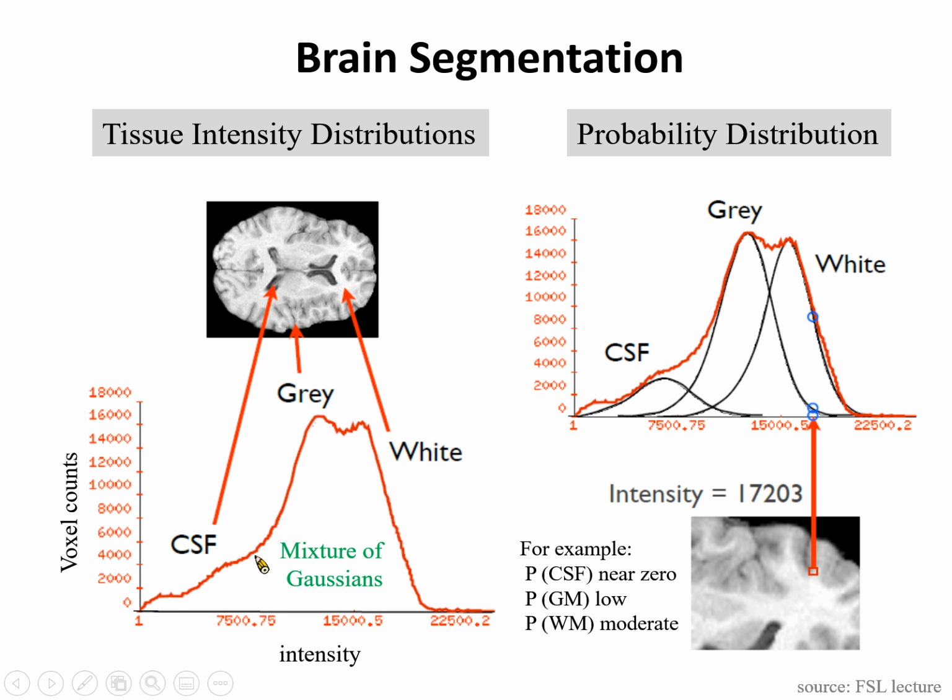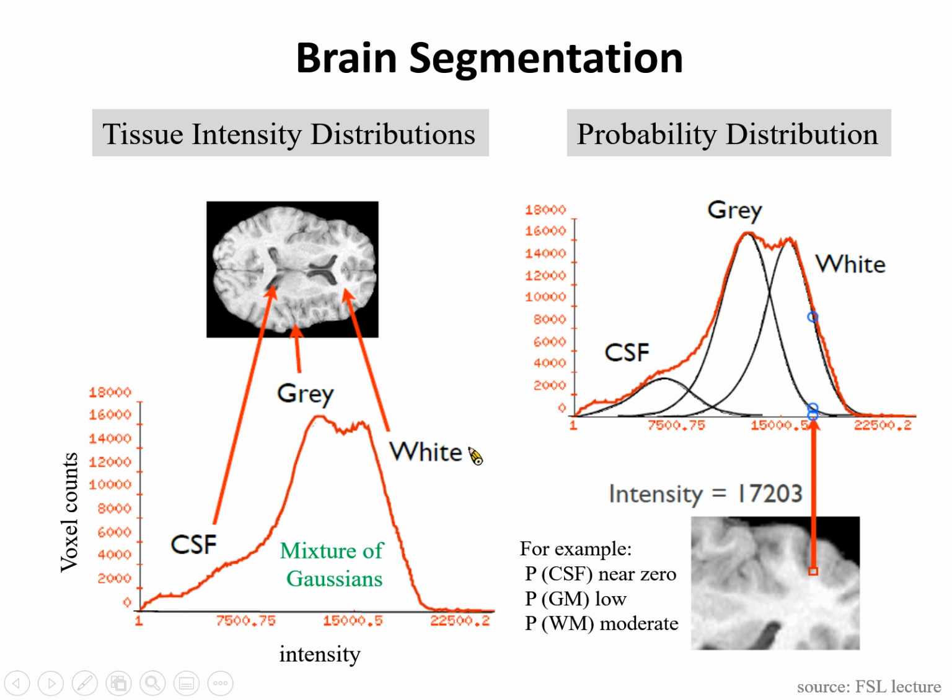If you put the intensities of every voxel onto a histogram, which is just the accumulated count of every voxel's intensity, you will find that it is not a normal distribution. It is a mixture of different Gaussian distributions.